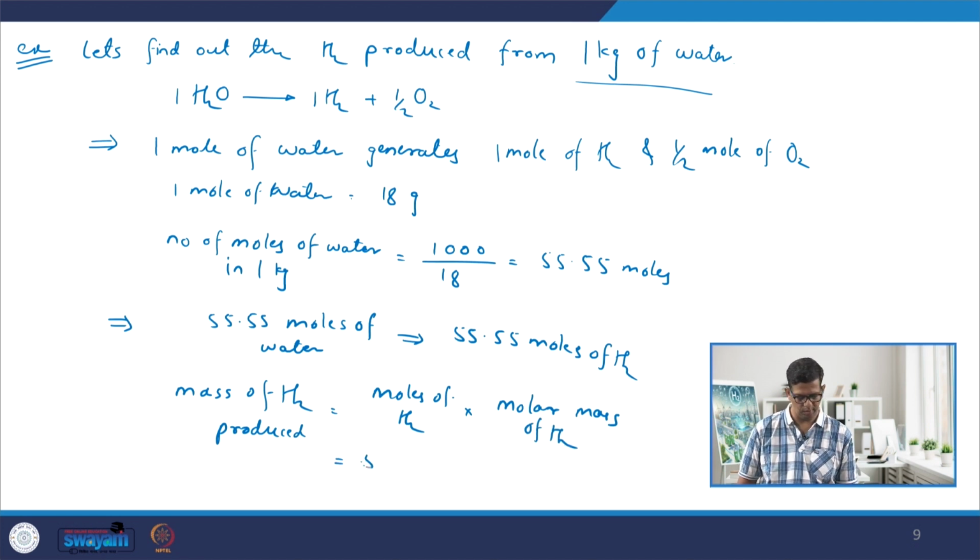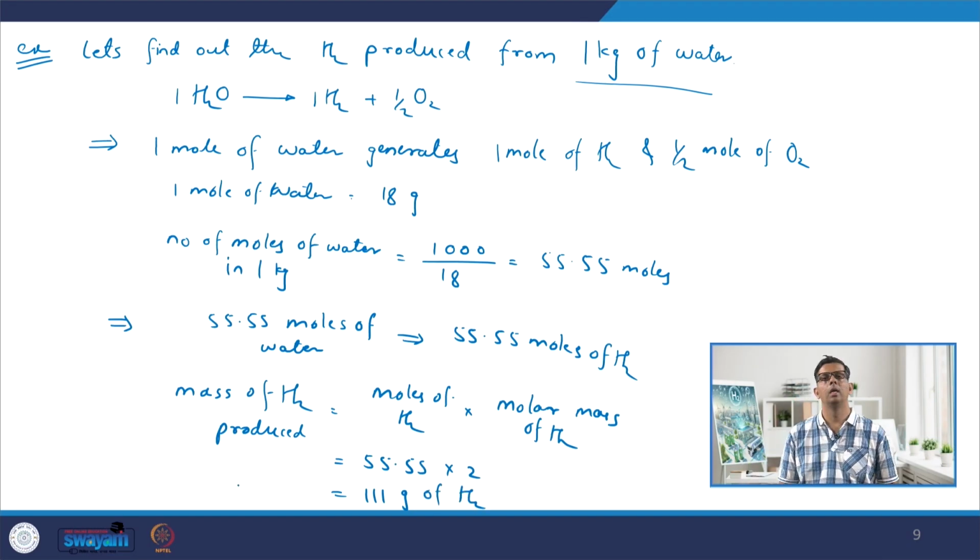So this is 55.5 times 2, that gives close to 111 grams of hydrogen that will be produced from 1 kg of water, that is 1000 grams of water.